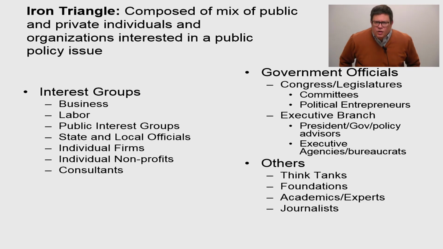So what are we talking about when we talk about the composition, the people that are involved with the iron triangle? You can have all types of people, right? Interest groups, you can think in terms of business groups, labor groups, what we've termed public interest groups, those that are worried about collective goods for a lot of people.